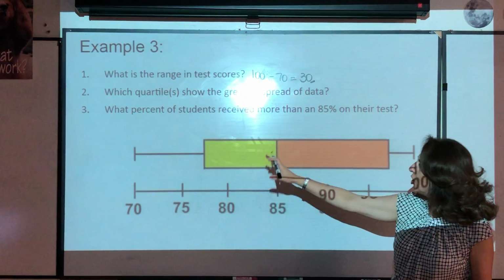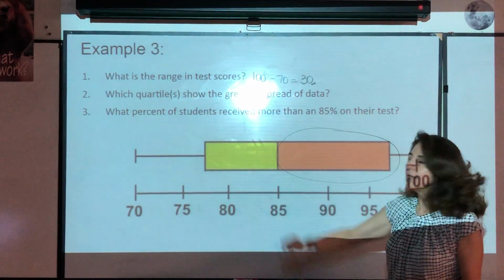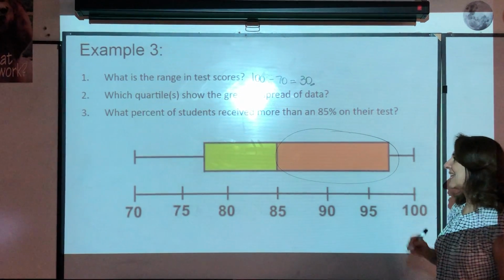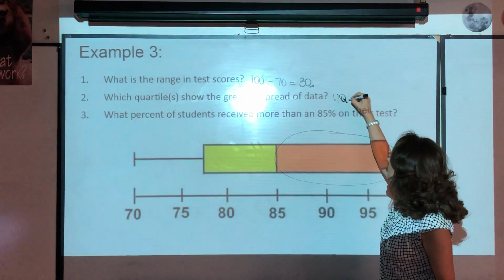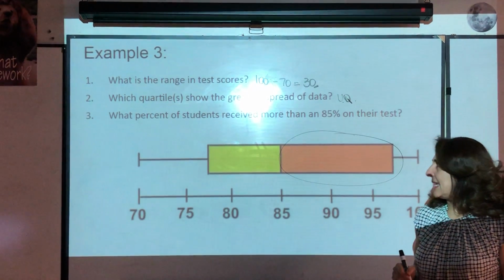So if we just look at the graph, we see that the majority is concentrated in this area here. This is the greatest area. So the upper quartile is the one that has the greatest spread of data.